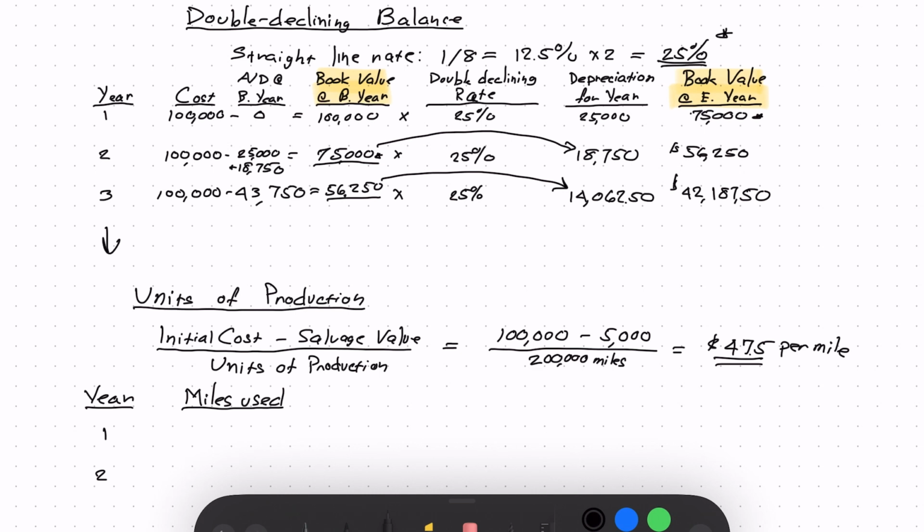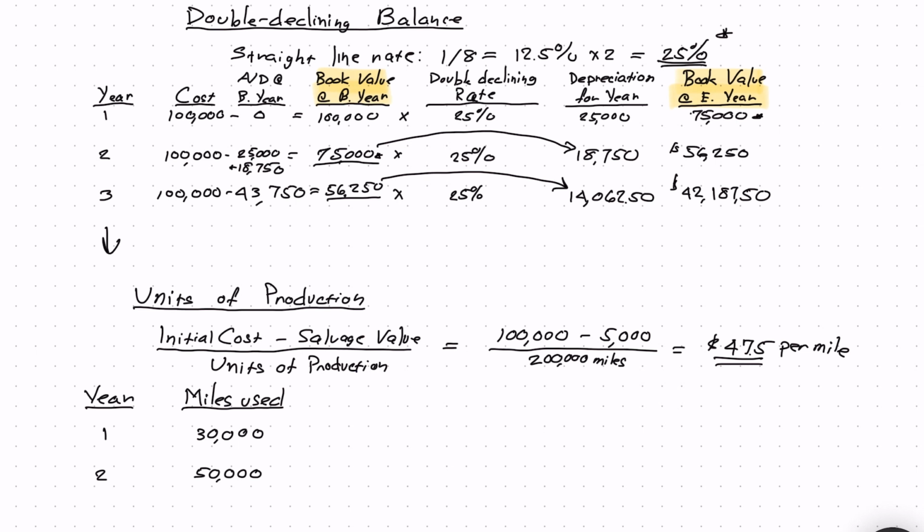We'll say in year 1, we used the truck for 30,000 miles, and in year 2, we used it for 50,000 miles. Then we're going to take our depreciation per mile, or per unit. Since we're using miles, I'm going to call it depreciation per mile.